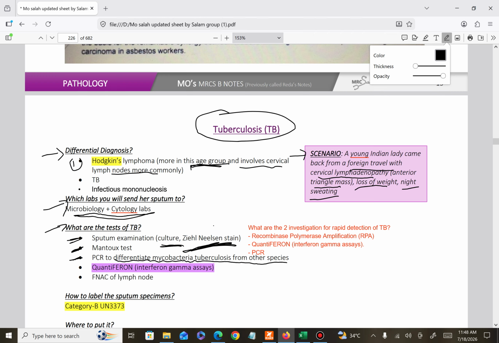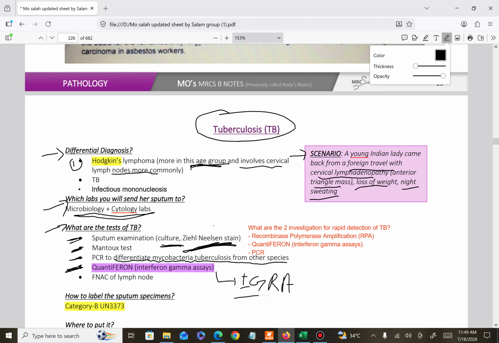Then the QuantiFERON interferon gamma assay, which is also called the interferon gamma release assay, IGRA.